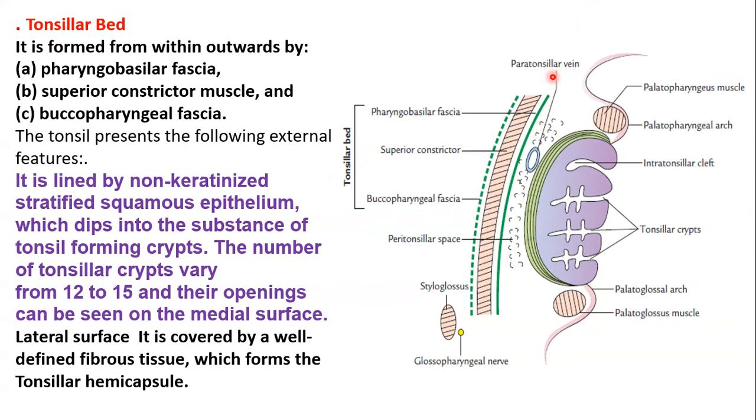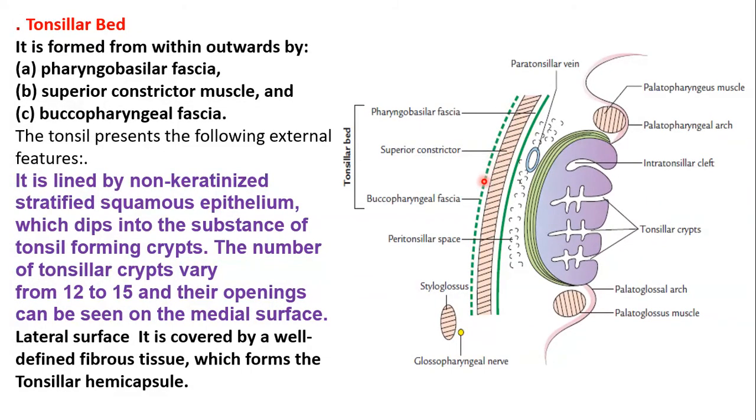Now the structures forming the tonsillar bed are also an important question from the exam point of view. In sequence from outward to inward, you can see this muscle is the superior constrictor. So neither the middle nor the inferior constrictor is present in the tonsillar bed, only the superior constrictor muscle. Styloglossus and palatoglossus are also present, and palatopharyngeus is also present, but the most common is the superior constrictor muscle.